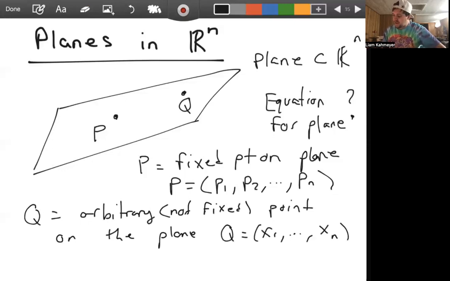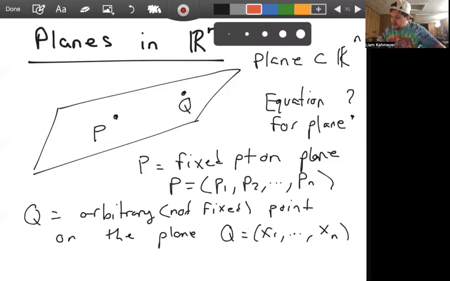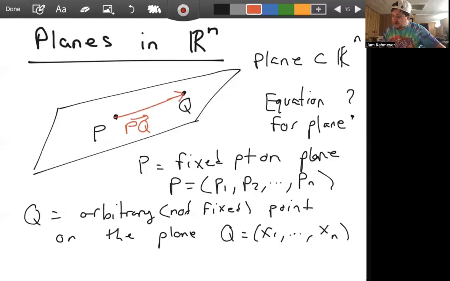And now for any points on the plane, Q and P, we know the vector PQ also lives on the plane. In fact, you get a family of vectors. As Q varies for every point on the plane, what you get is this family of vectors, right? And so what we could try to do is try to describe this plane based on that family of vectors, right?